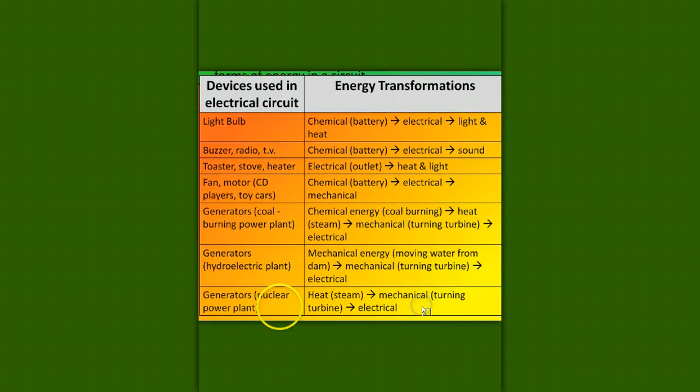And the last one would be a generator in a nuclear power plant, which changes heat from steam into mechanical energy, turning the turbine, and then into electrical energy.